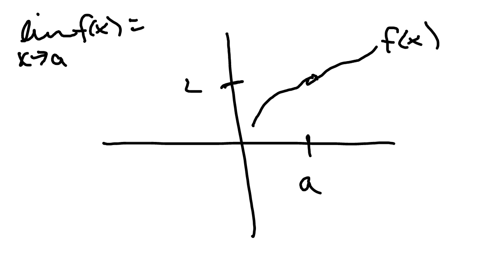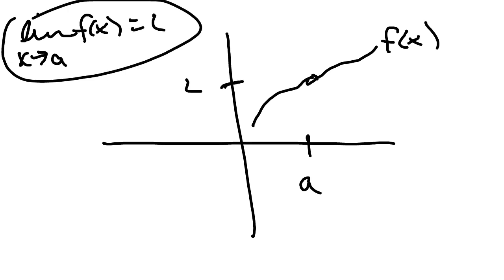This exists and equals L if and only if, for any tiny positive epsilon, the absolute value of f of x minus L is less than epsilon. Well, that means I have a window around my limit. So if I plug in something, it's going to fit around a.